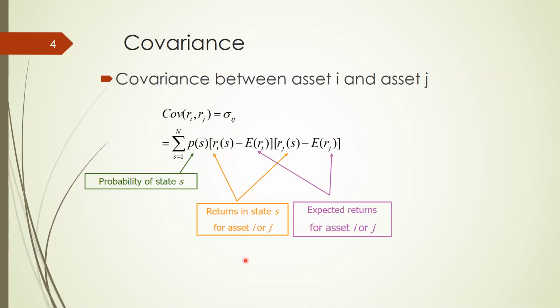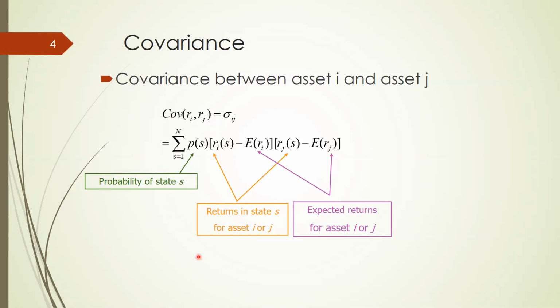If instead, when asset I tends to go up relative to its mean, but asset J tends to go down relative to its mean at the same time, the products will be negative, and the probability weighted product will be negative, leading to a negative covariance.